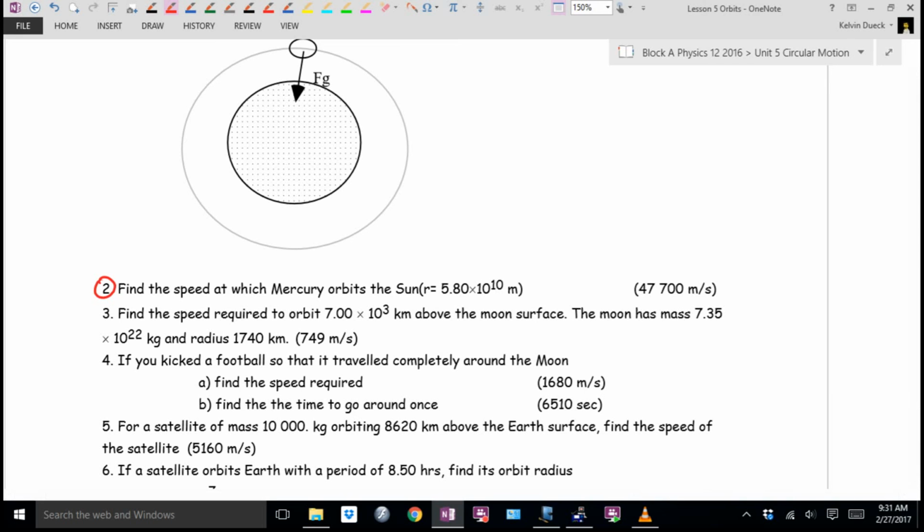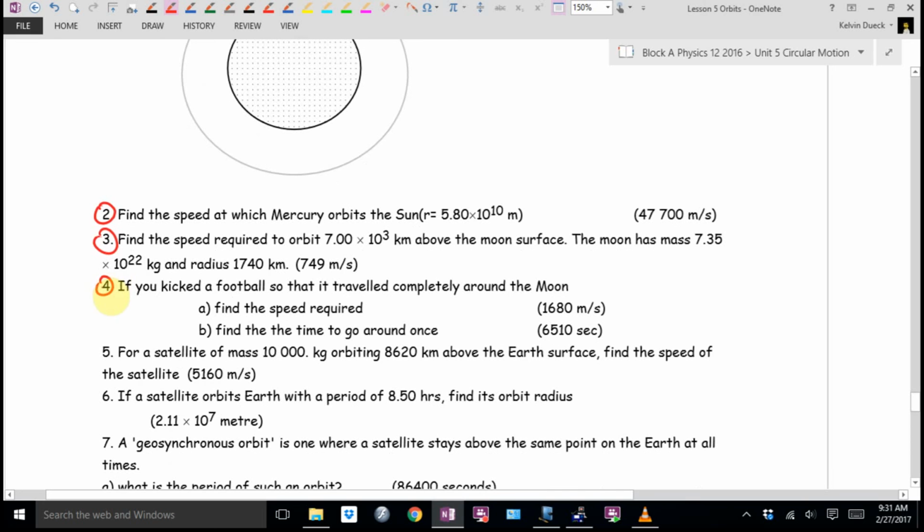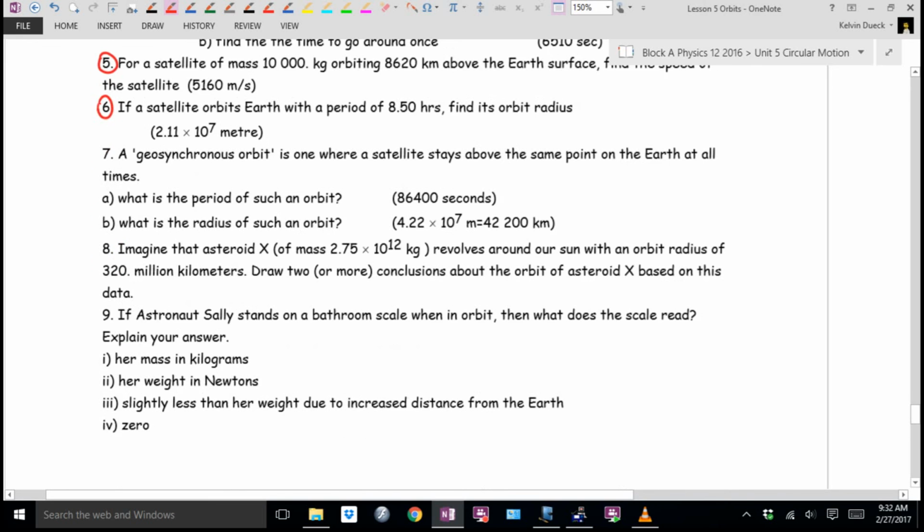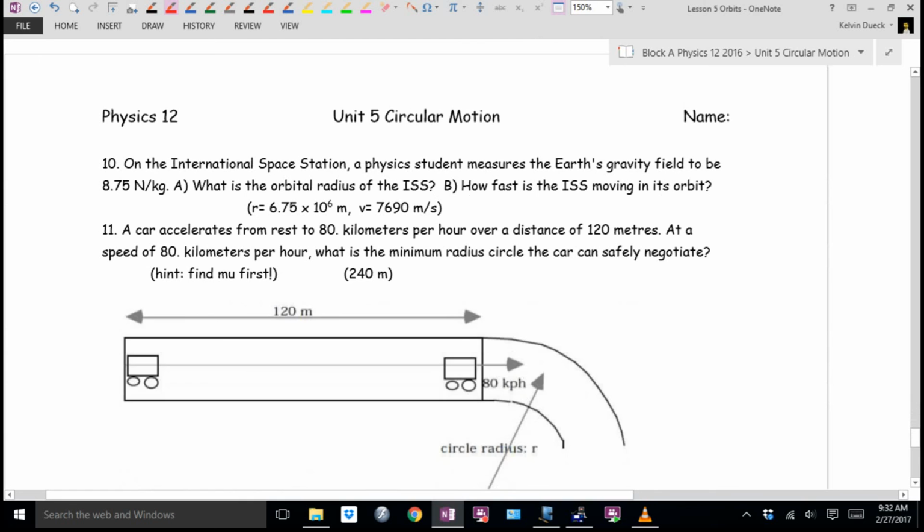So make sure you use the mass of the Sun, which is on your formula sheet, I think. Did they give me the mass of Mercury? I think the mass of Mercury should cancel. Orbital speed. Number 3 is good. 4 is good. 5 is good. 6 is good. We'll assign a bunch more.